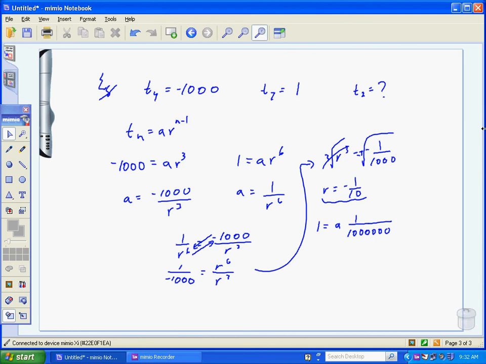So A, when I get rid of that 1 over a million, equals a million. 1 million. Because I'm just multiplying that million up times the 1. We're left with A, so there's our first term. 6, because there was an exponent of 6.